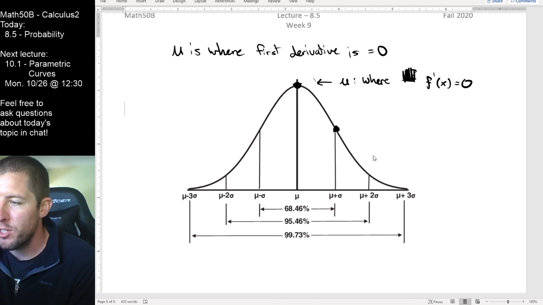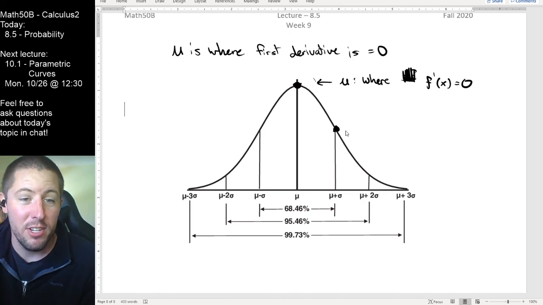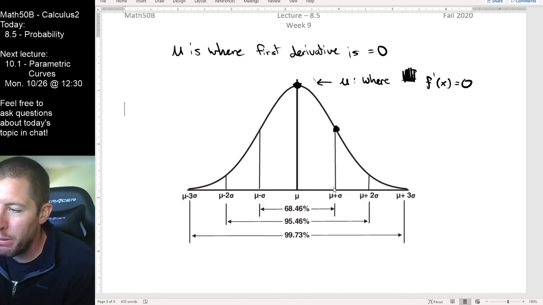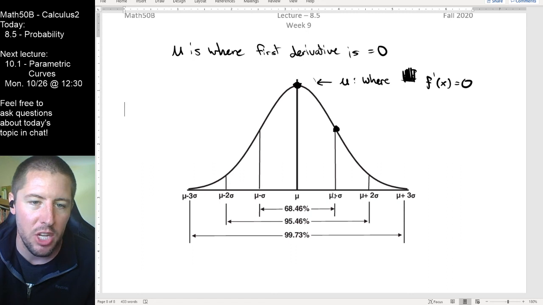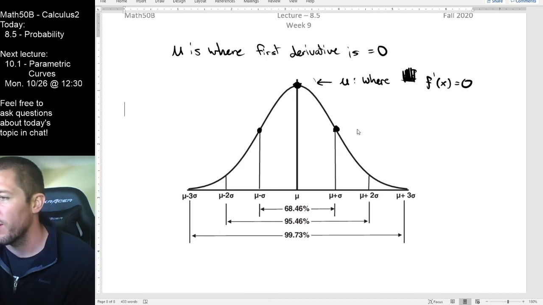Where is it that we make our transition from being concave down to concave up? Is right here at the inflection point. It turns out that exactly mu plus sigma, one standard deviation away, above and below, are exactly the inflection points that are associated with the normal curve.